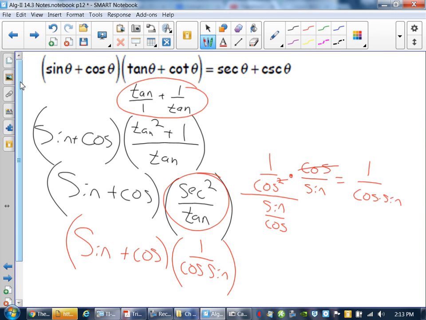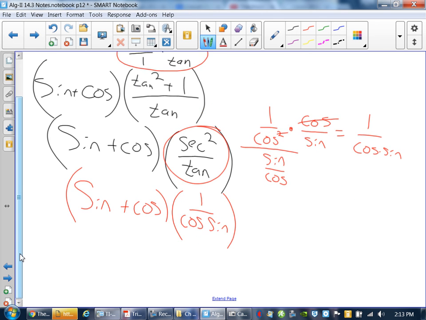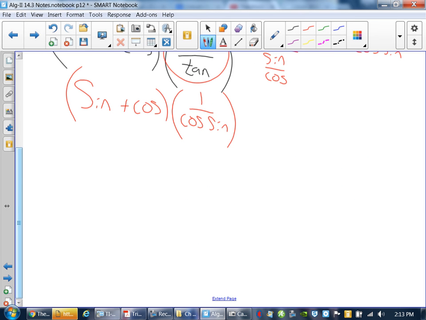I went for the idea that tangent and cotangent are inverses of one another, which means if I rewrote them in terms of one another, I can get a common denominator. This is actually going to be how we solve this one, because now I have a singular term of 1 over cosine sine times a binomial. If I distribute backwards in, yes ma'am. Is there going to be anything that's complicated? There could be, you never know.